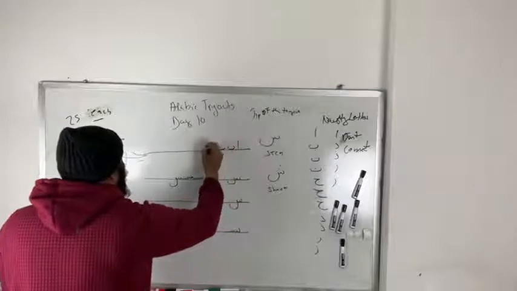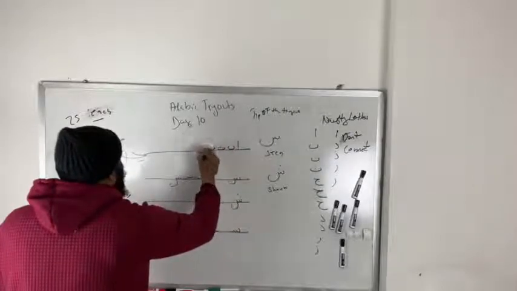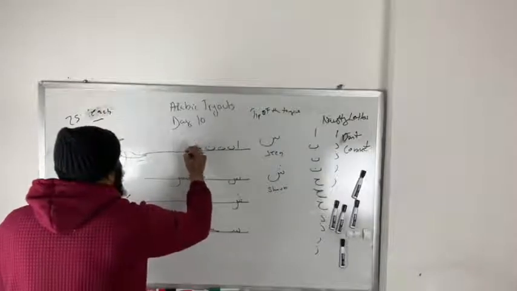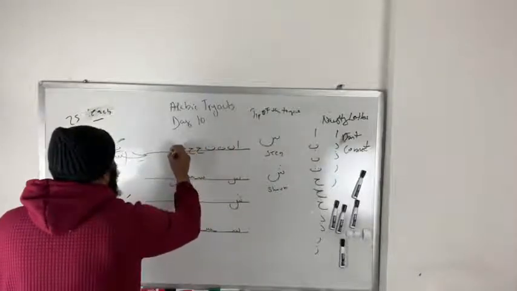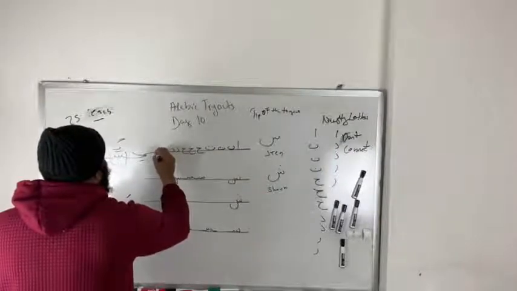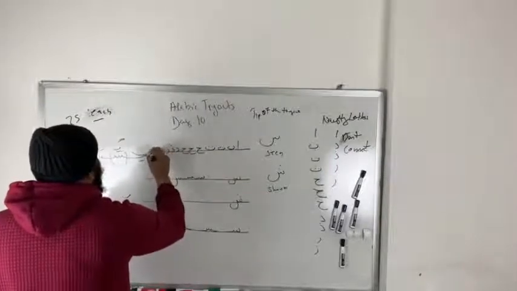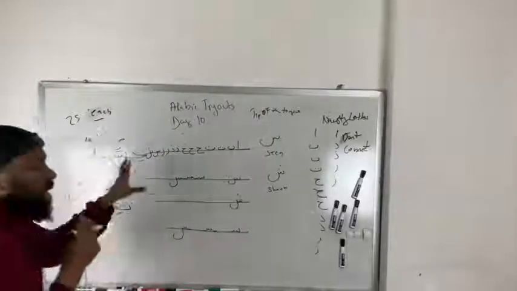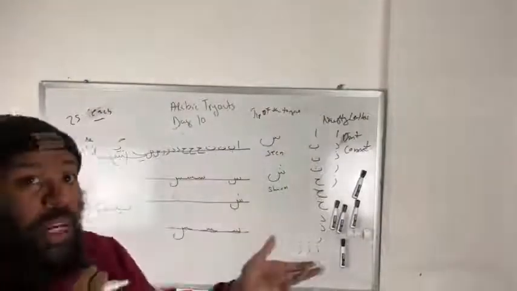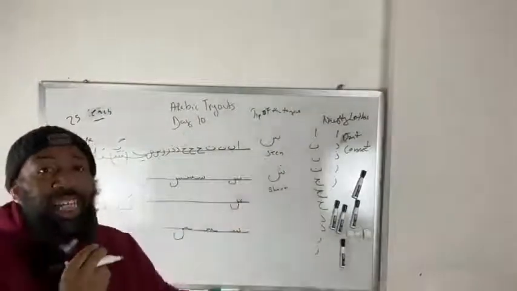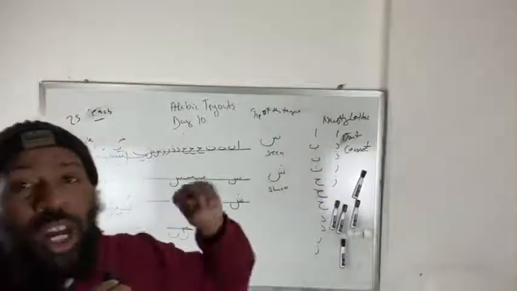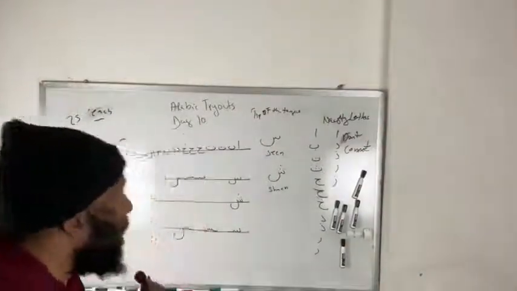Ta, Tha, Jeem, right? Ha, Kha, dal, thal, ra, zay, sin, sheen. Okay? This is going to do what? It's going to keep it in order for you. You already know it. You'll know from Aleph all the way up to Sin what we cover. Write them out. It's going to help you memorize those letters.